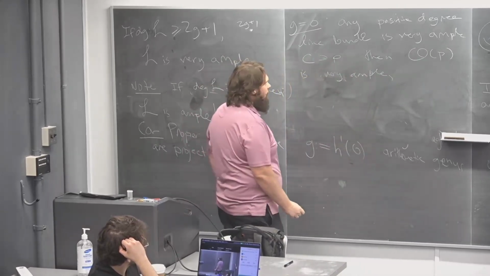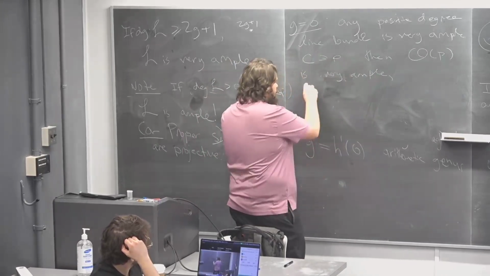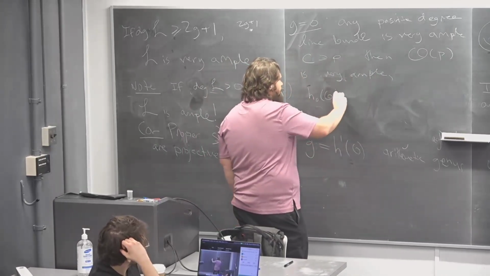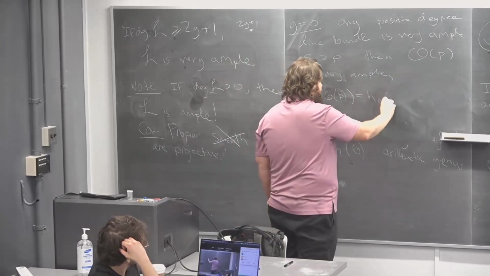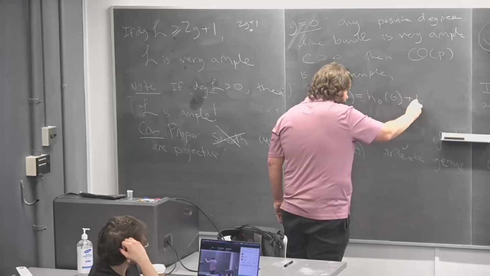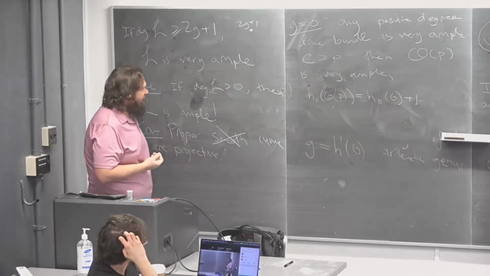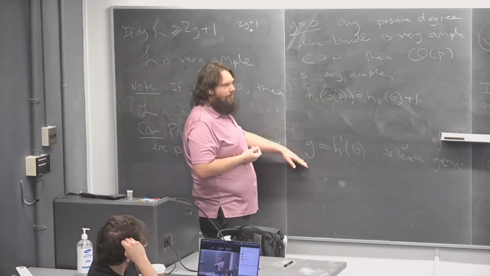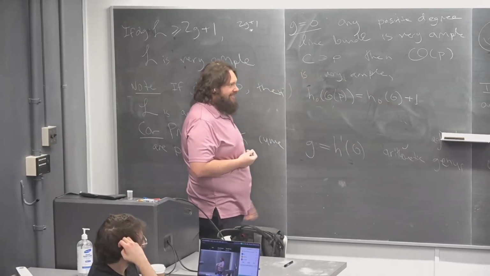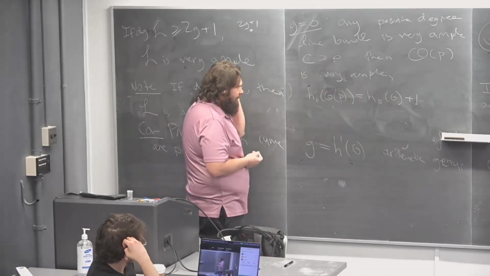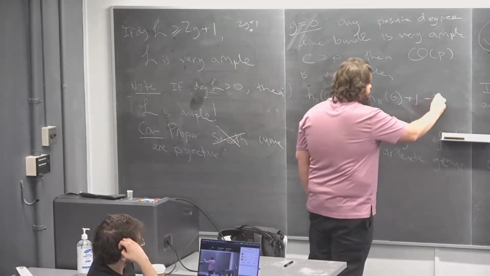And of course, what kind of map does this give us? What embedding into projective space? Well, H0 of O of P, what is that? That's H0 of O plus 1. What I've found, based on genus g equals 0, is that all positive degree line bundles have vanishing cohomology, so in this case this sequence is always exact.